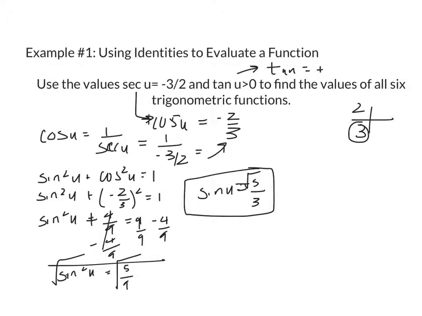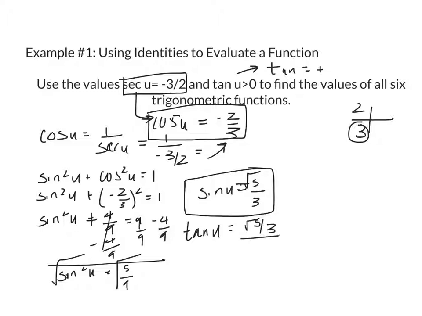We also knew that cosine u is negative 2/3 and secant is negative 3/2. So we have 3 more to find. Tangent of u is just y over x, so that would be the square root of 5 over 3 divided by cosine, which is negative 2/3.